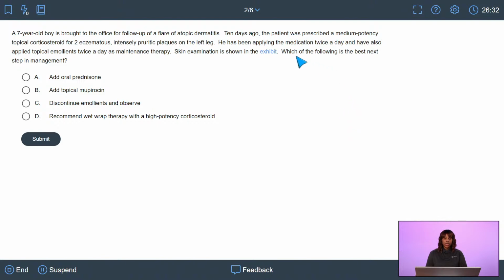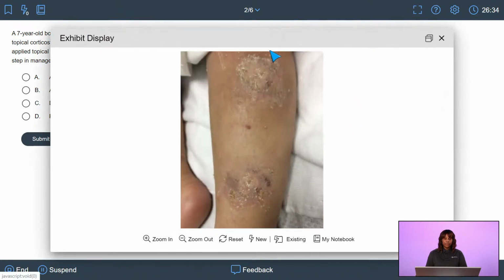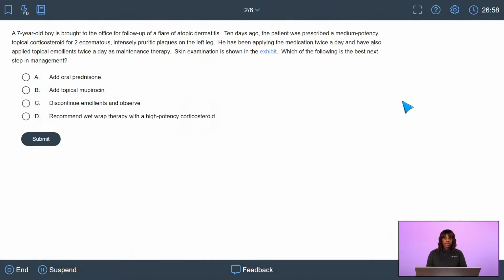Now let's take a look at the image in the exhibit. This is actually what you see on that patient. I'll give you a chance to examine the photo and see if you see any clues for how to treat it. Okay, let's go back to our stem. Since this is asking for the best next step in management, this is a plan question.